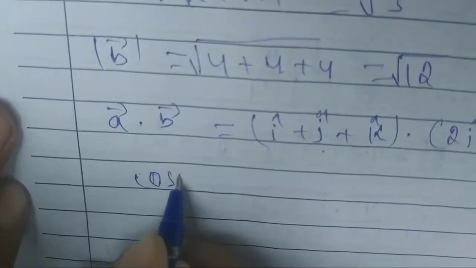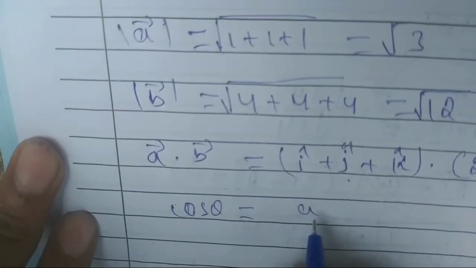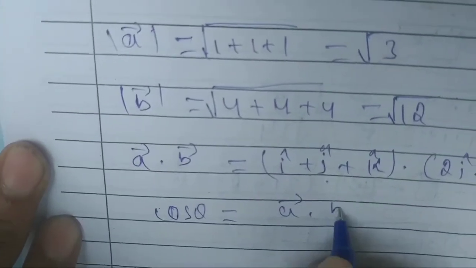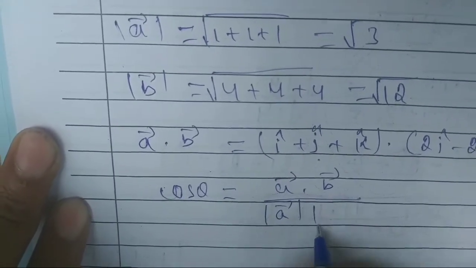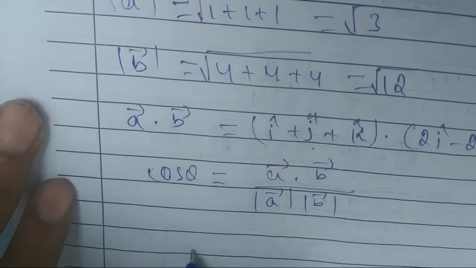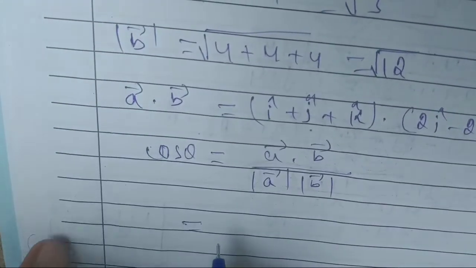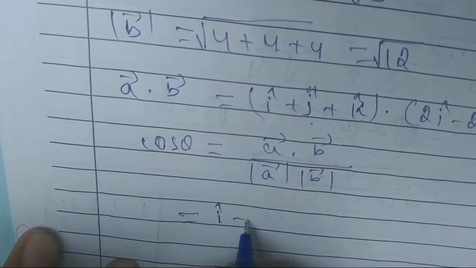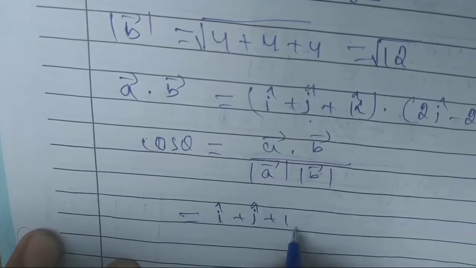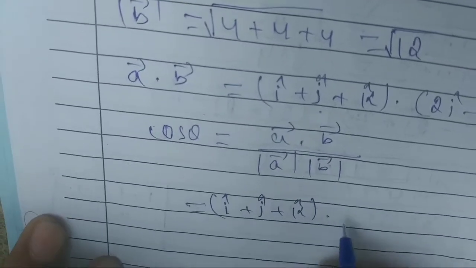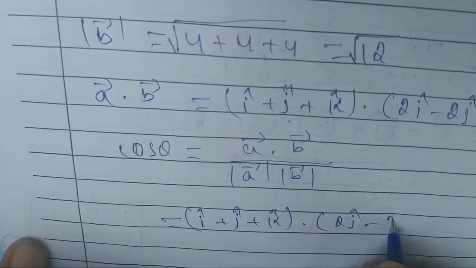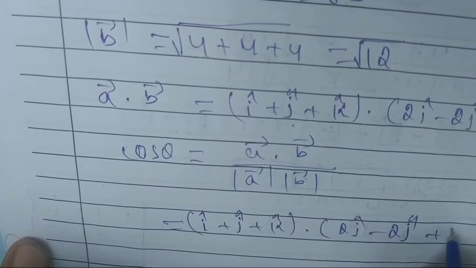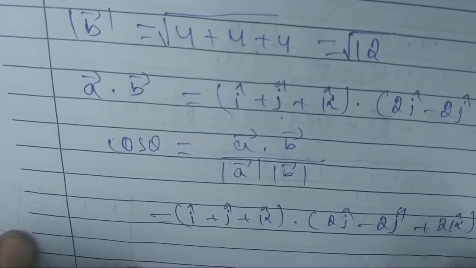Here cos theta is equal to a vector dot b vector upon mod of a vector mod of b vector. Here I will just put all the values, i cap plus j cap plus k cap dot 2i cap minus 2j cap plus 2k cap.